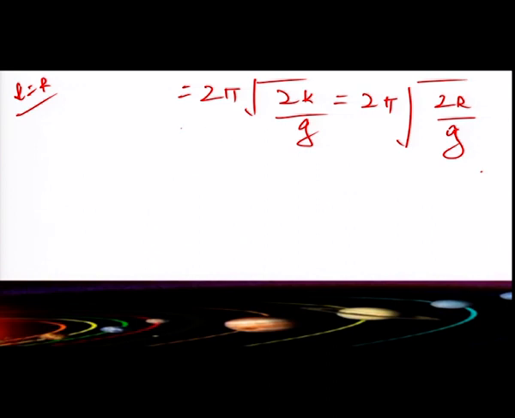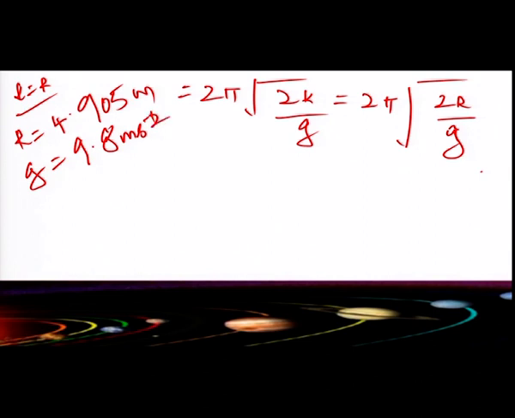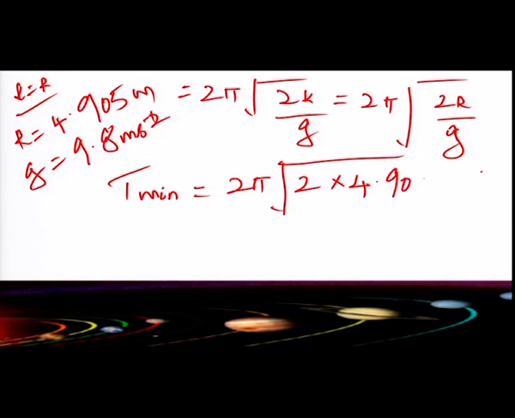So, here we have the value of r is given as 4.905 meter and g is 9.8 m s power minus 2, and when you substitute in this T minimum, that is T minimum is equal to 2 pi root of 2 into 4.905 divided by 9.81.